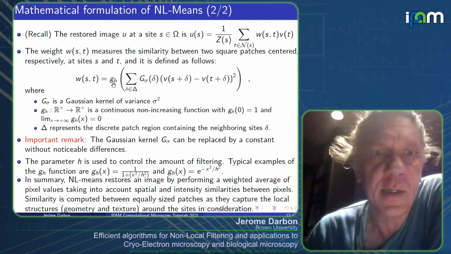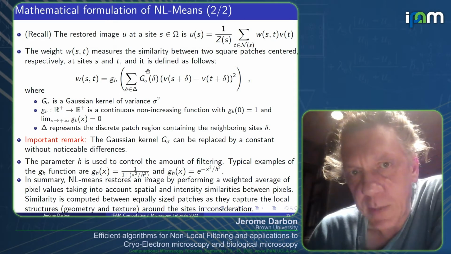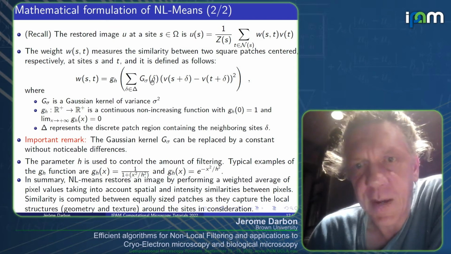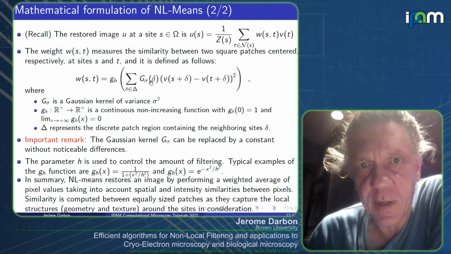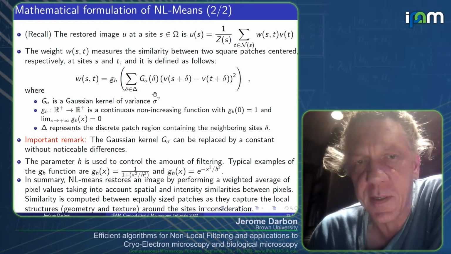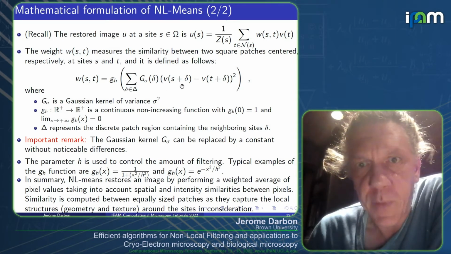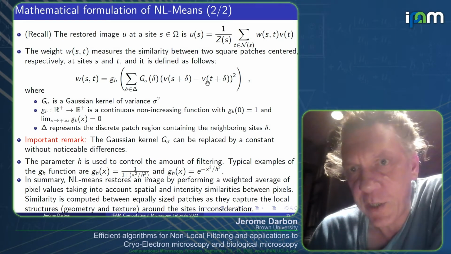And then you plug that into an increasing function. In practice, this Gaussian kernel has very little influence on the result. So you should see it as a constant, and later on in the presentation, we're going to say it's a constant.